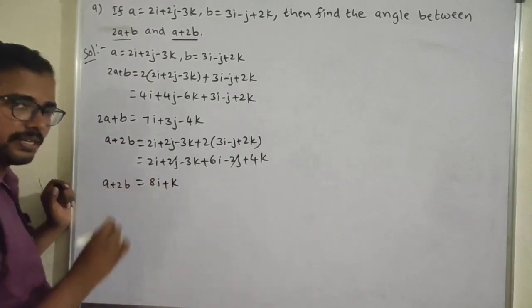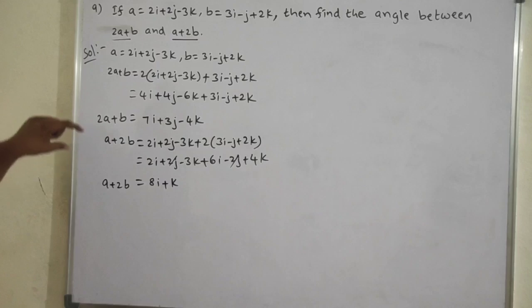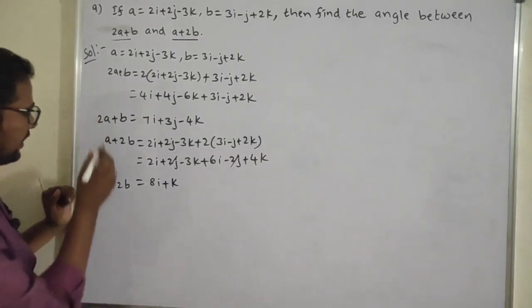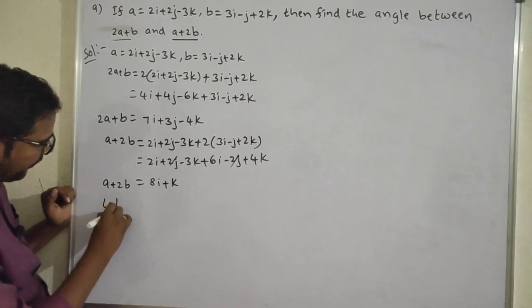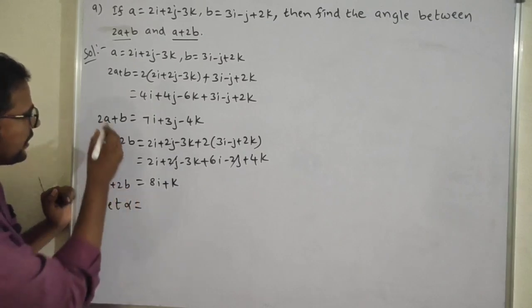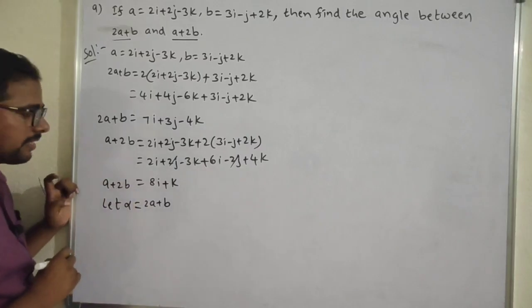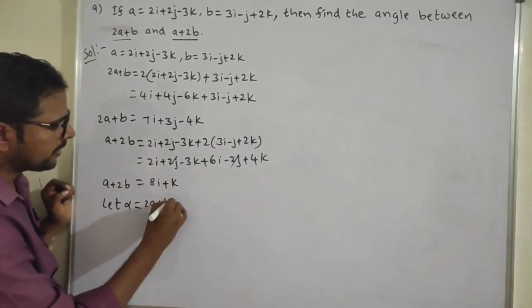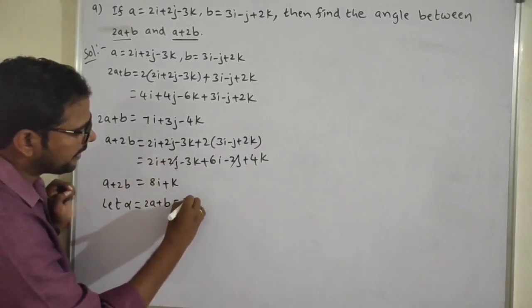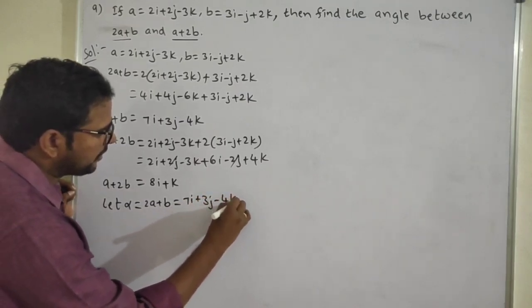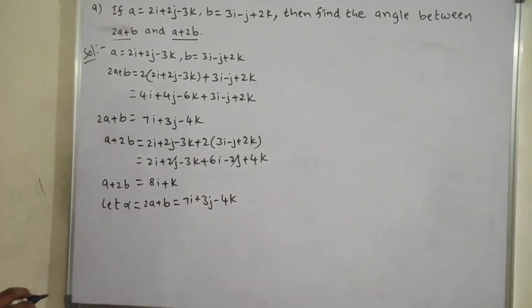And now we have to find the angle between 2a plus b and a plus 2b. Let alpha be the first vector, alpha is equal to 2a plus b, which is 7i plus 3j minus 4k.